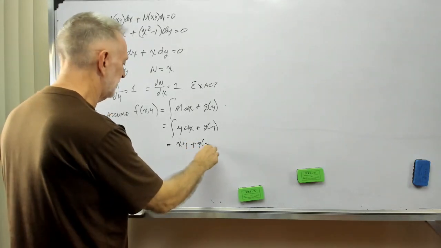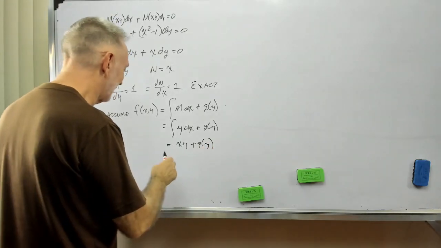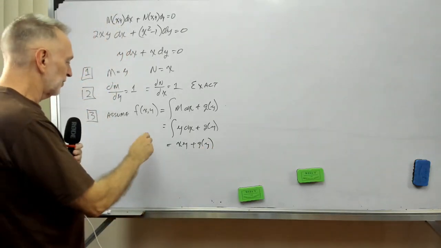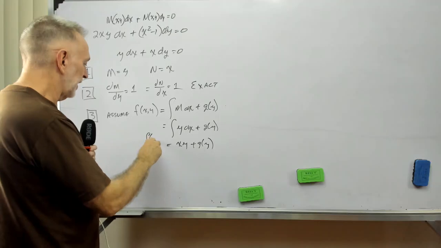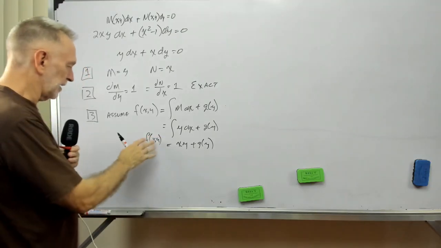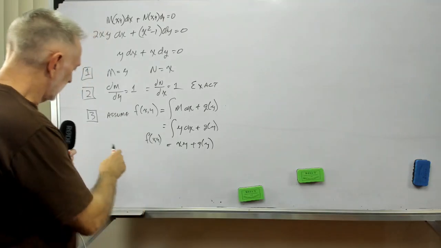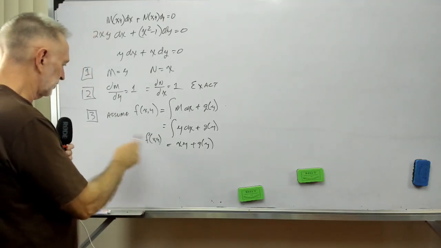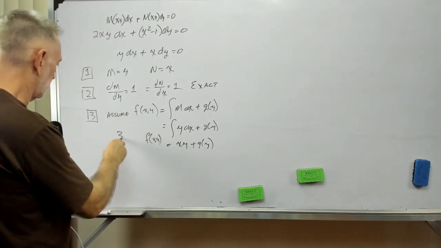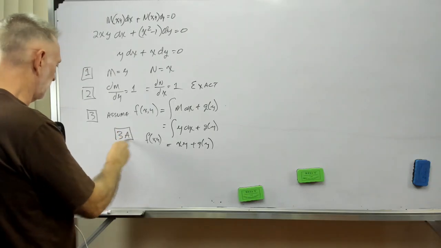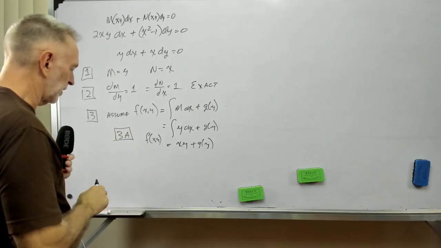Not g of g, but g of y. Okay. So that is my f of xy that I'm thinking of. All right. So that's step 3. We're going to call that one 3a. That's important. We're going to come back to that one in a moment.